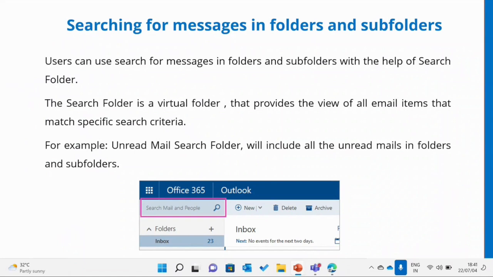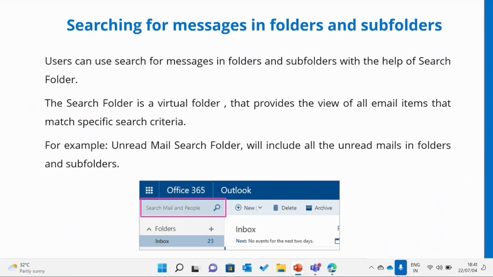So searching for messages. Users can search for messages in folders and subfolders with the help of search folder. The search folder is a virtual folder that provides a view of all email items that match specific search criteria. For example, unread mail search folder will include all the unread mails in folders and subfolders, right?